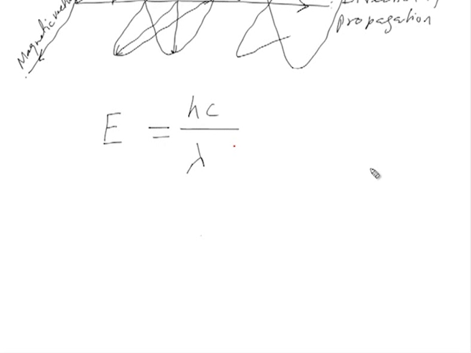It could also be written in this way, that is h nu, where nu is the frequency, and frequency is expressed in terms of hertz, that is, 1 oscillation per second.